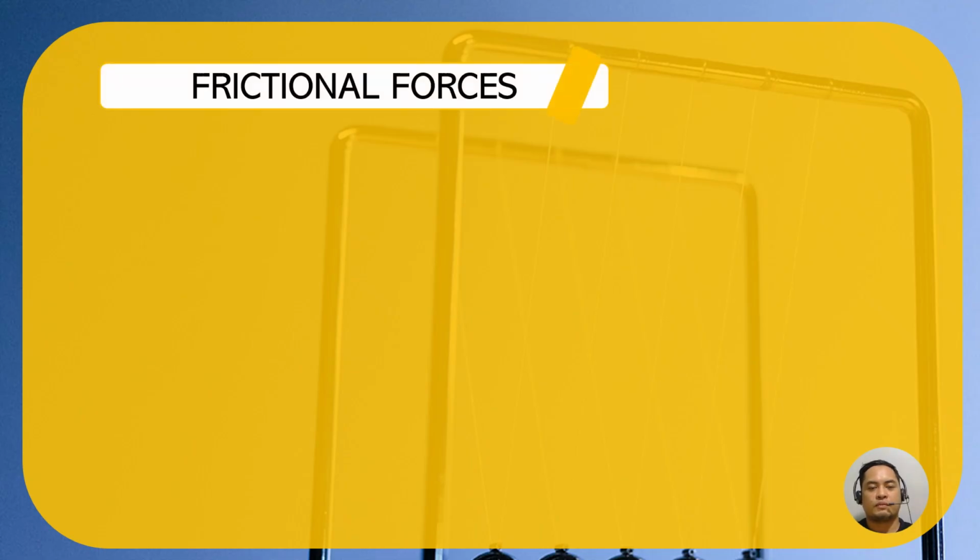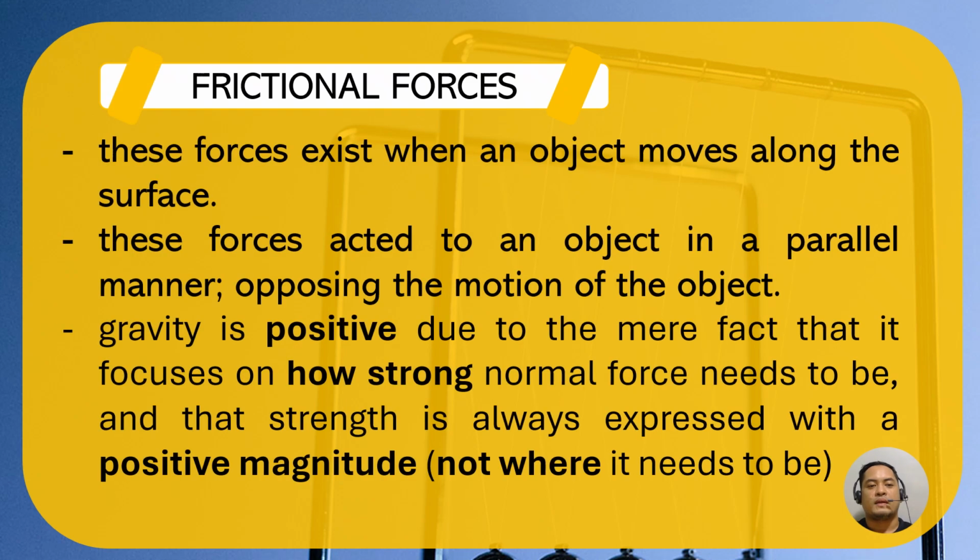When we talk about frictional forces, these forces exist when an object moves along a surface. These forces act on an object in a parallel manner, opposing the motion of the object. And gravity this time is positive.